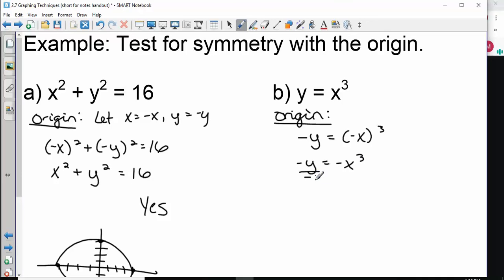Either multiply or divide by -1. And that one is also a yes. Are you guys okay with the symmetry?